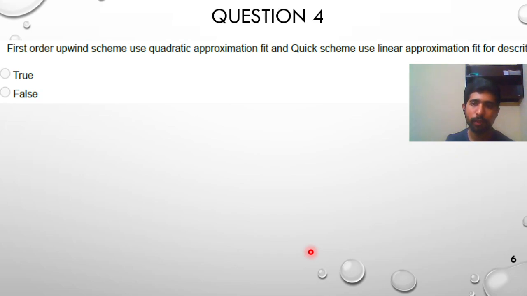We have discussed what the first order upwind scheme is, how the weights are decided, and how the weights are decided for the QUICK scheme. We saw it last week and this week also. What should be the answer? They are saying the first order scheme uses quadratic approximation, whereas QUICK uses linear approximation. Is that true?